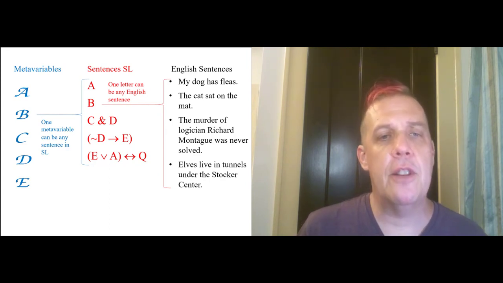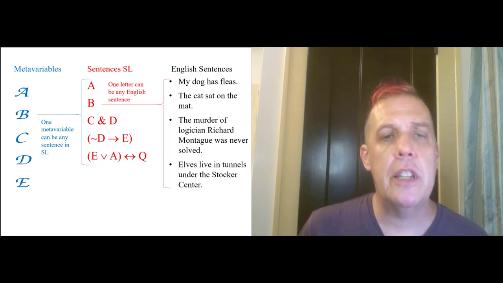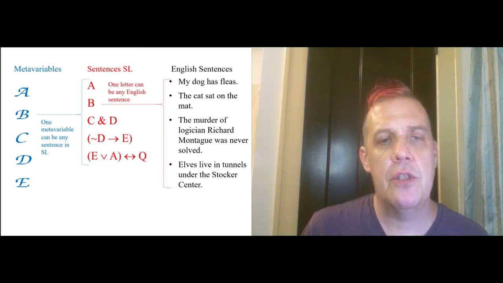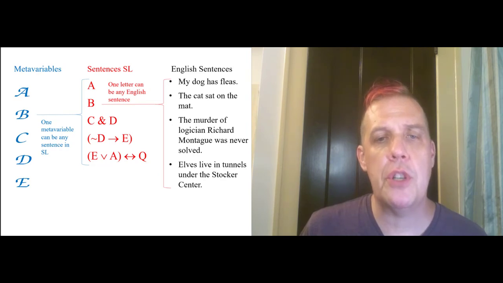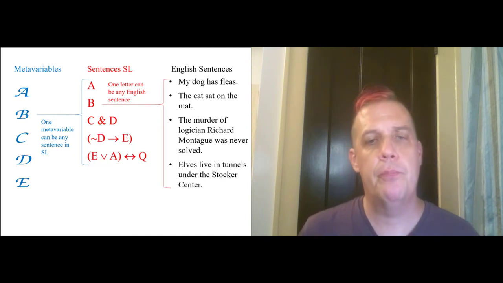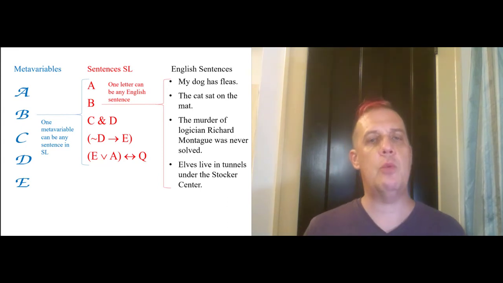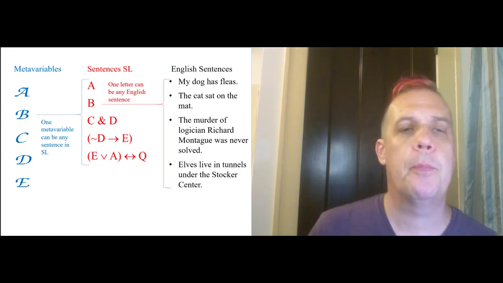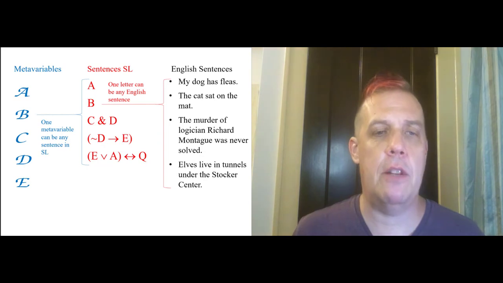The sentence letters A, B, C, D, etc. in red are variables that can represent any English sentence. So the letter B can represent my dog has fleas, the cat sat on the mat, the murder of logician Richard Montague was never solved, or elves live in tunnels under Stocker Center. I'll give you a hint. At least one of these statements is true. So that's what B can stand for.